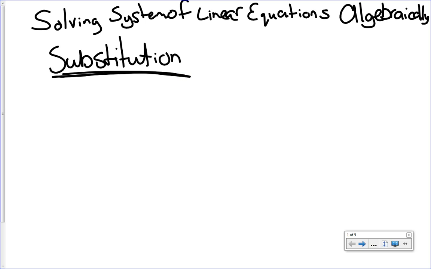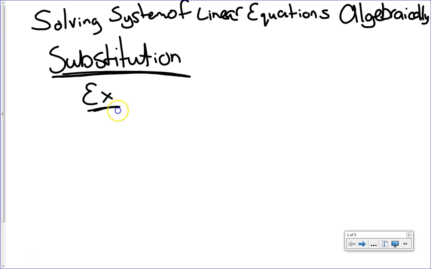Okay, so first of all, let's look at an example. The best substitution questions are set up differently than those of elimination. Remember, elimination, everything is lined up in its own column, and then you add or subtract to ideally eliminate a variable.